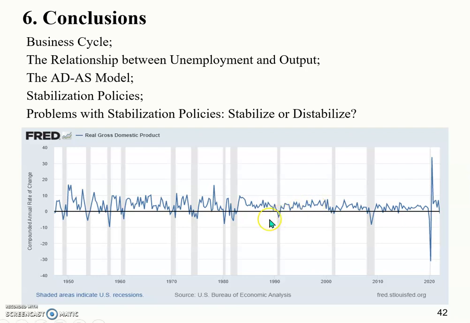Because we already knew from the previous discussions that after World War II, the U.S. economy experienced at least one recession in each decade. So when the economy experiences a relatively long expansion, people may start worrying that probably the next recession is on the horizon. I've got to be prepared for that, so I want to save a little more. When they save more, they cut their consumption or investment. That will help the economy cool down.